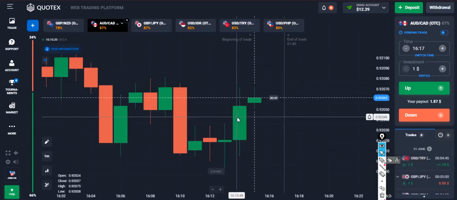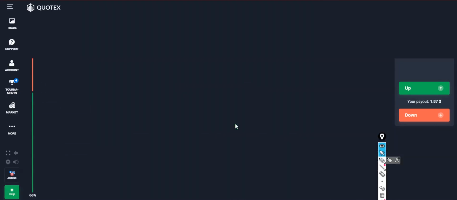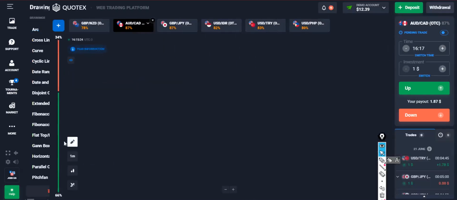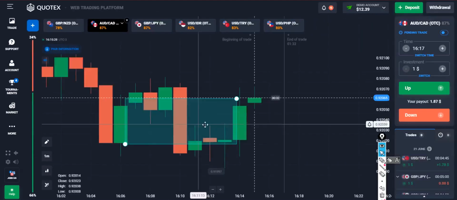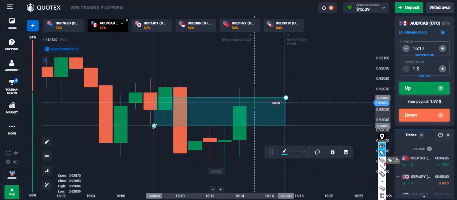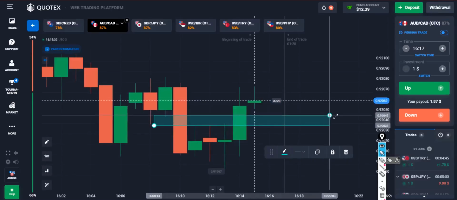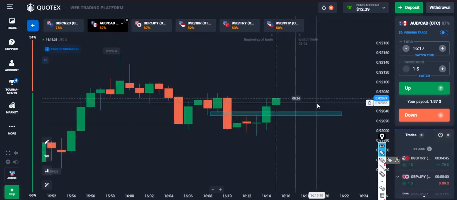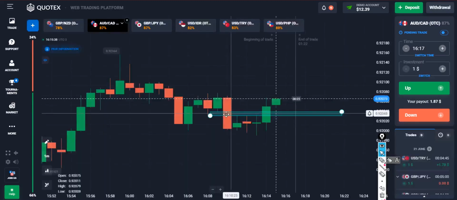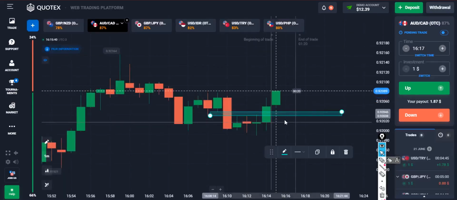Here is a fair value gap from here till here. So let's see. Oh, it broke the gap.